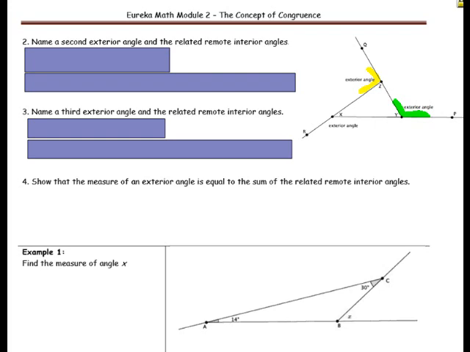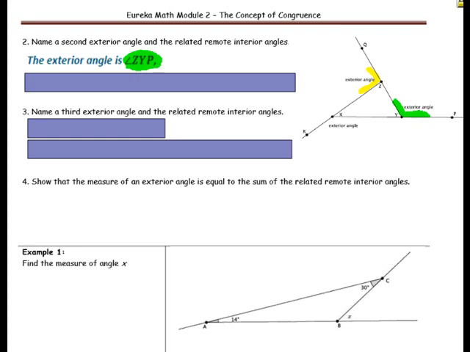All right, continuing. Number 2, name a second exterior angle and the related remote interior angles. So I'd like you to pause the video and go ahead and answer number 2 using either the yellow angle or the green angle, and then number 3 with the other angle. Okay, for number 2, the second exterior, this is the green one, and this is angle ZYP right here.